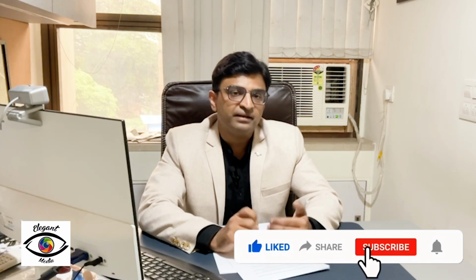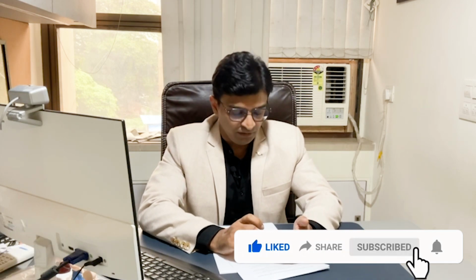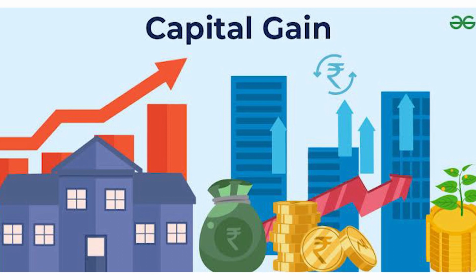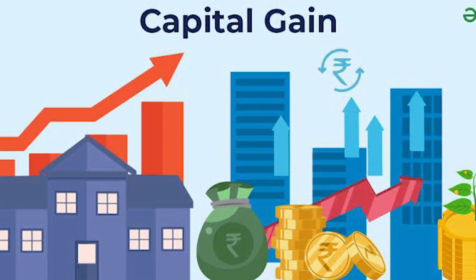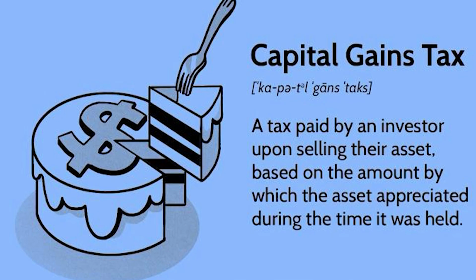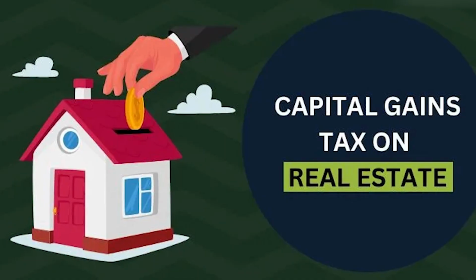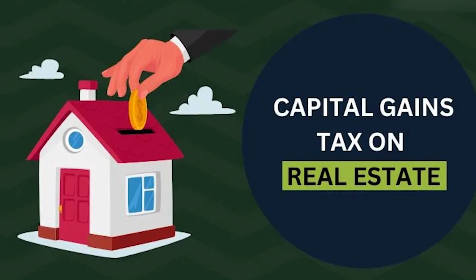If you are having capital gains, then what documents you need? Number one, if you are having capital gain through sale of property or any ornament or any other capital asset apart from shares or mutual fund, then you need to have the sale deed or purchase deed of those properties which you have sold or purchased.